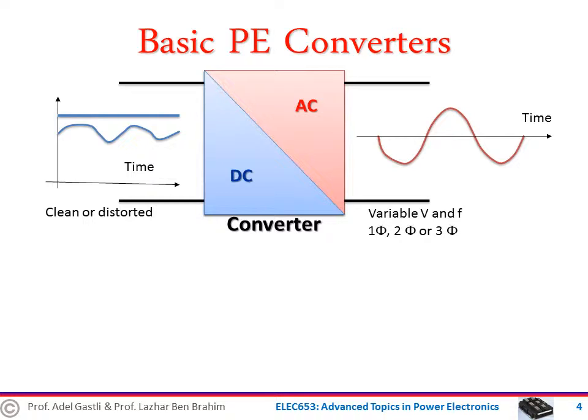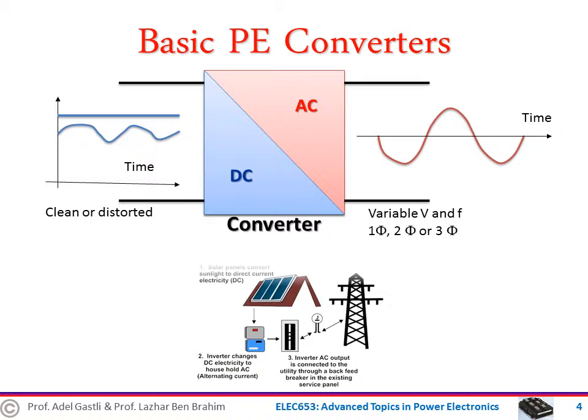I may also have to control the load or source current or voltage also. So all these lead to several different topologies of the DC to AC converter. A good example is the house rooftop PV system. We have the PV panels, which are the DC power supply, and the AC loads are the household appliances and the grid.